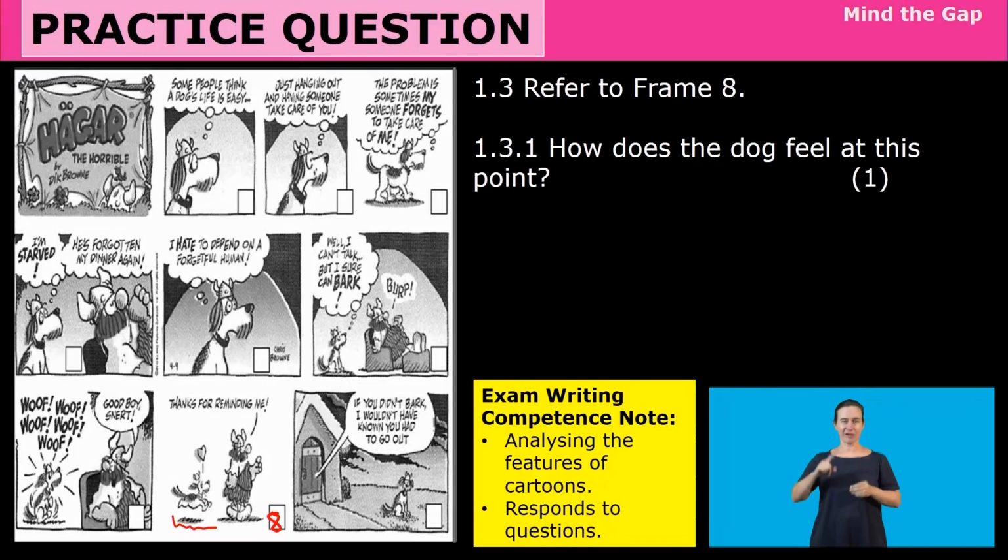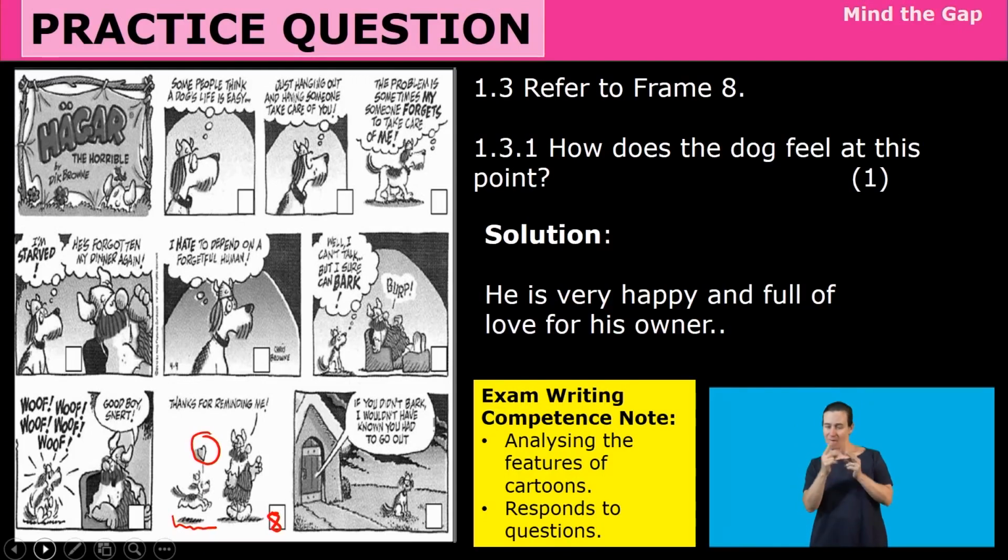So what is he feeling? All right, so remember, cartoonists use visual clues, all right? So we can see the dog bouncing along. We see the little heart, okay? So in our response, something is going to be mentioned about what the visual clue shows you. So he's very happy and full of love for his owner, okay?